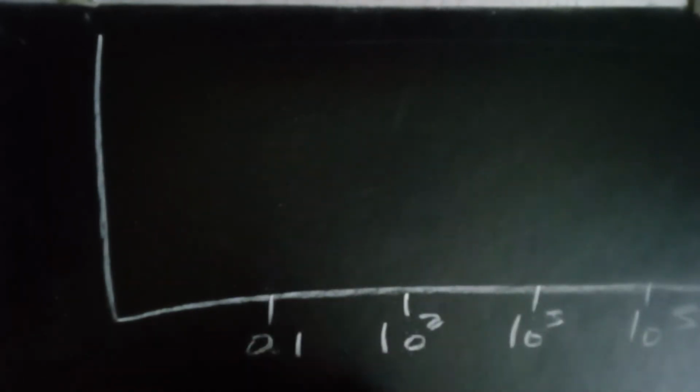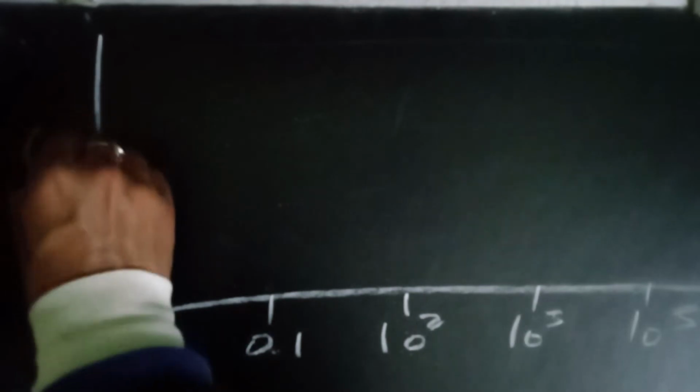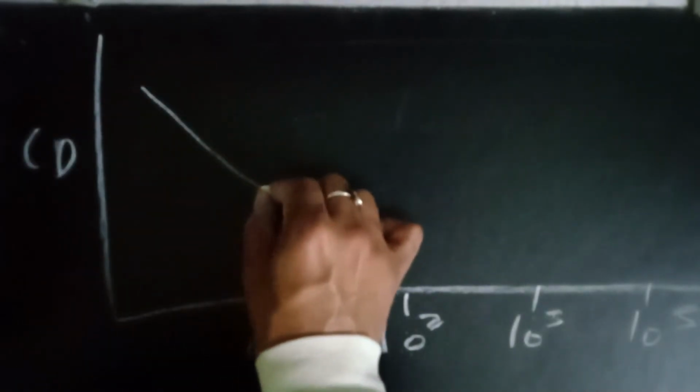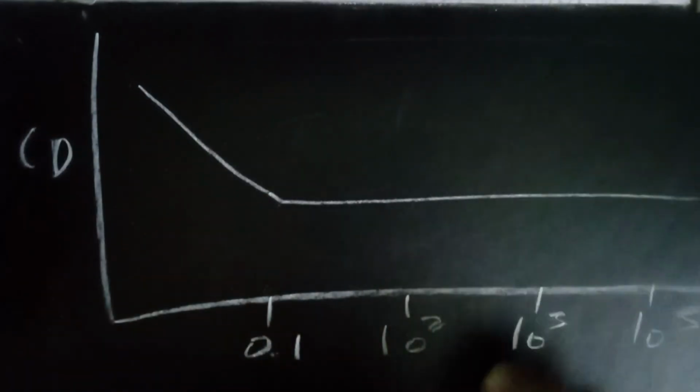Here we put a whole chart of Reynolds number. So Reynolds number 0.1, Reynolds number 10 to the power 2, 10 to the power 3, and 10 raised to power 5. And we have various values of Cd, so Cd would come like this, and then it will go straight.